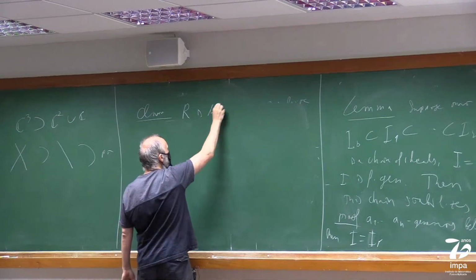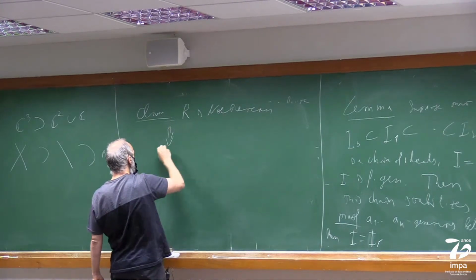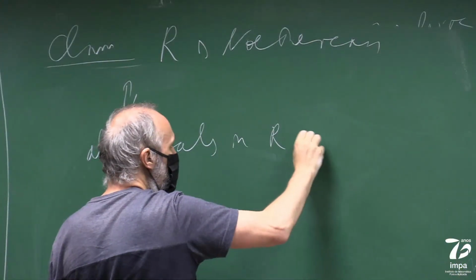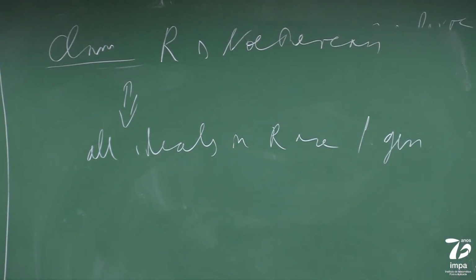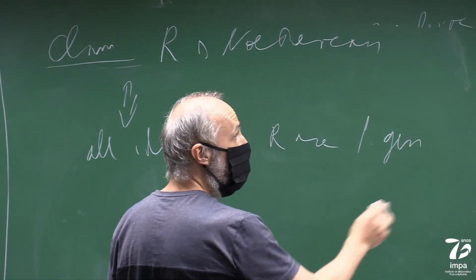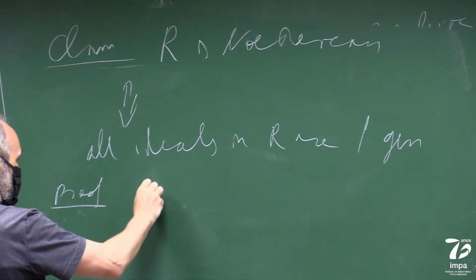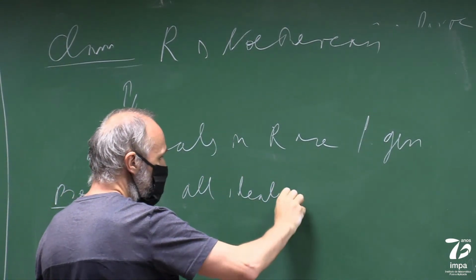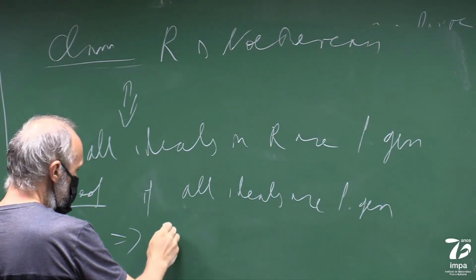R is Noetherian if and only if all ideals in R are finitely generated. Okay, one direction of this result is clear from the previous lemma. So if all ideals are finitely generated, then chains stabilize.